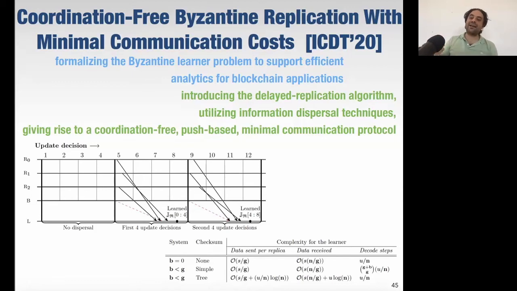But by adding a little bit of metadata to what we send, going from just sending a linear amount of data, we add a log n overhead to the message being sent. Now we can do the reconstruction step in linear time, basically very fast.